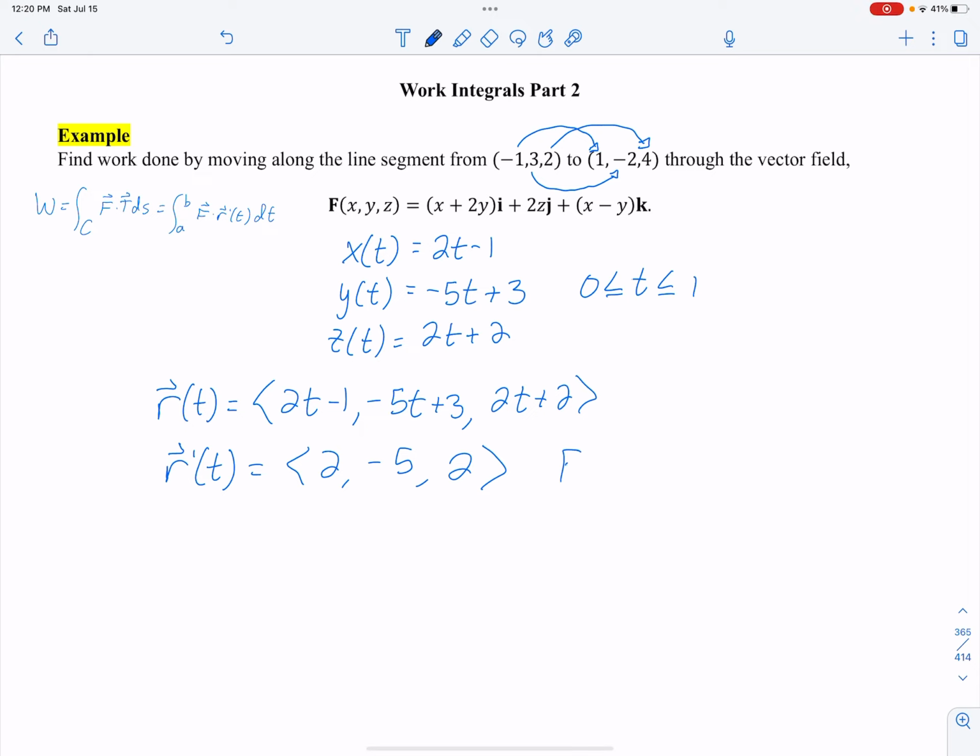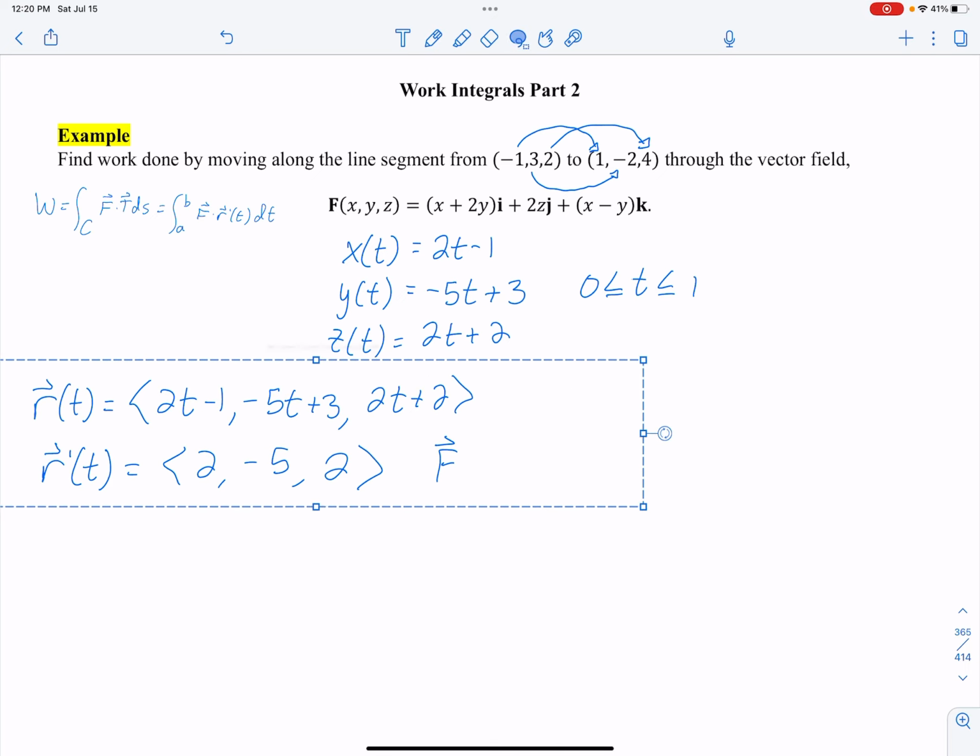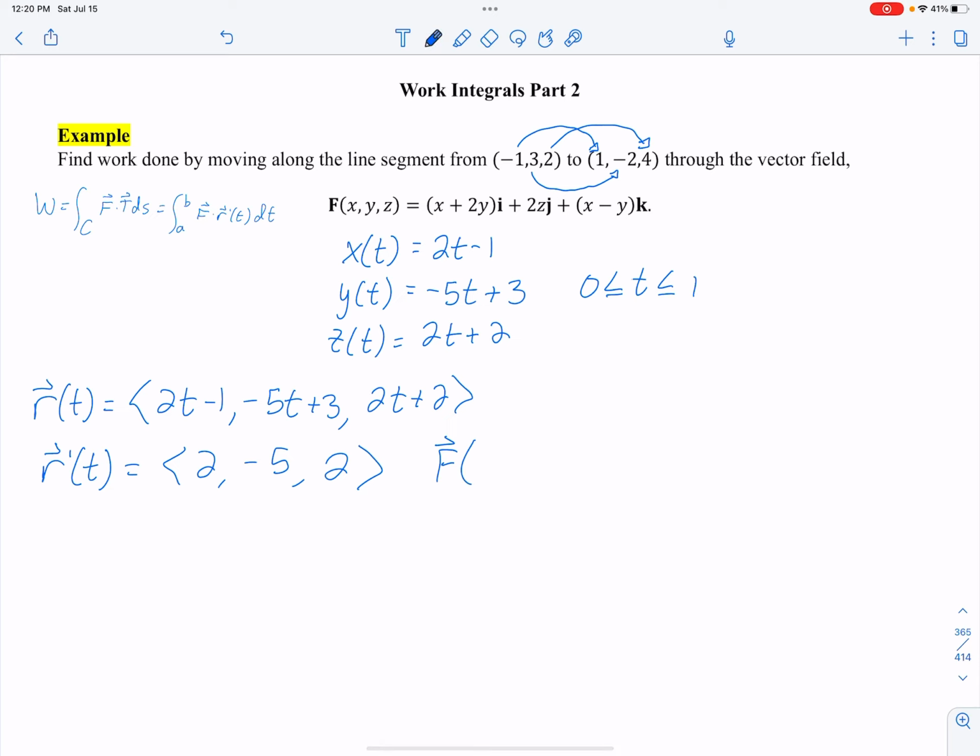I also need to put f, which is right there, in terms of our definition. I'm going to scoot this over because I'm going to run out of room. So I need to do f of 2t minus 1, comma, negative 5t plus 3, comma, 2t plus 2.